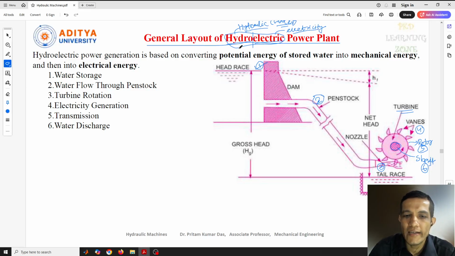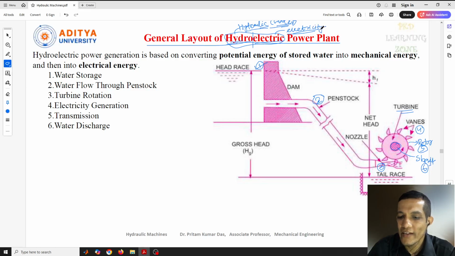So hydroelectric also defines that the electricity is produced from the energy which is in the flowing or falling mode of water. The electric energy is going to be produced from the energy of flowing or falling water, because the hydro part is water.